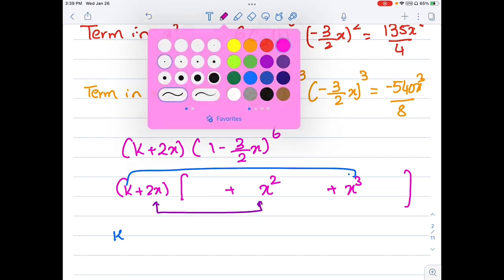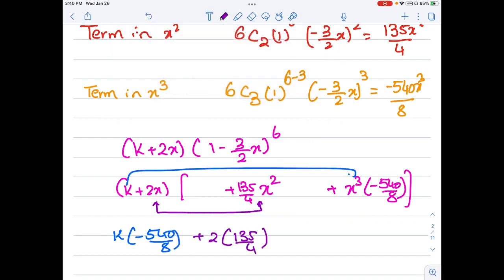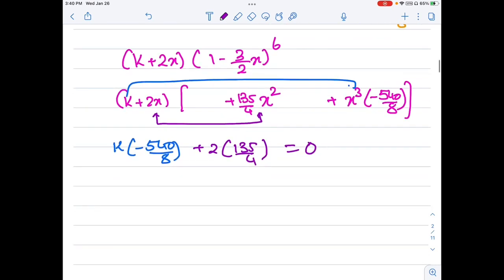So just now we have done x square is 135 x square upon 4, x cube is minus 540 upon 8. So k times minus 540 upon 8 and 2 times 135 upon 4. These are the possibilities of getting it out. X cube should be equal to 0.